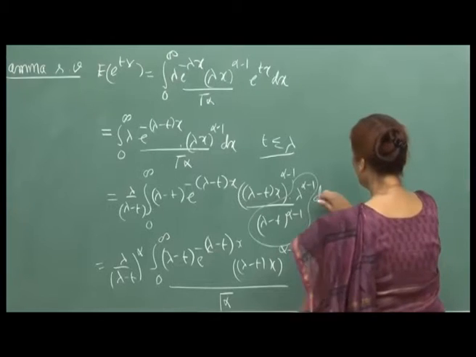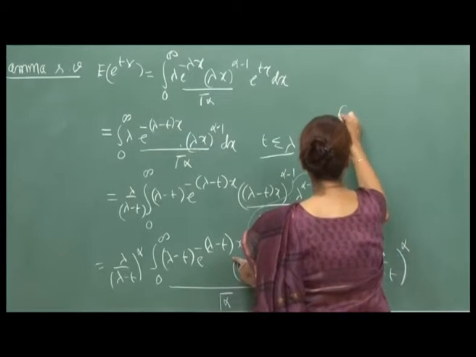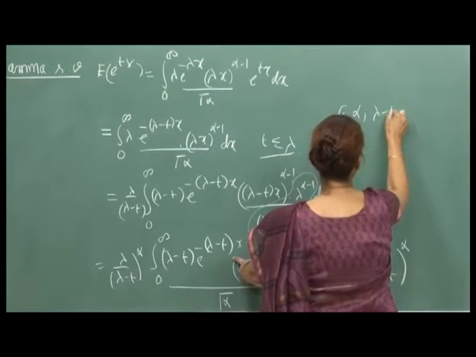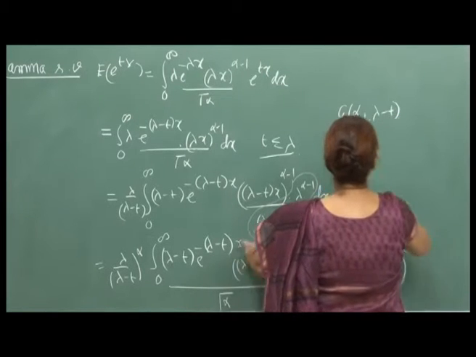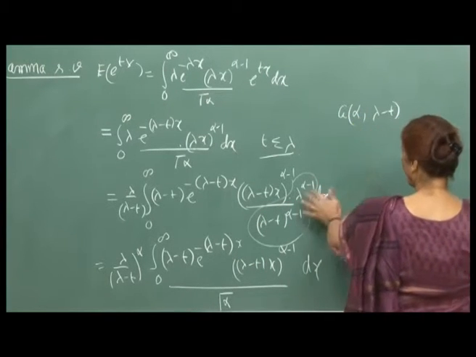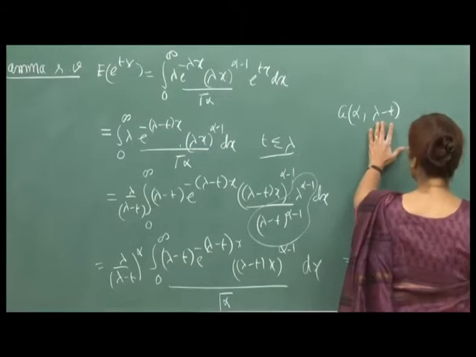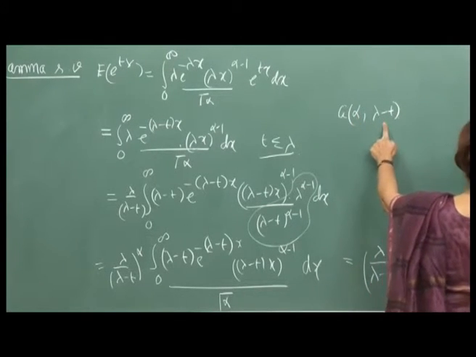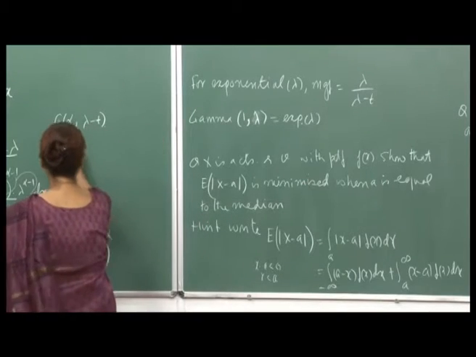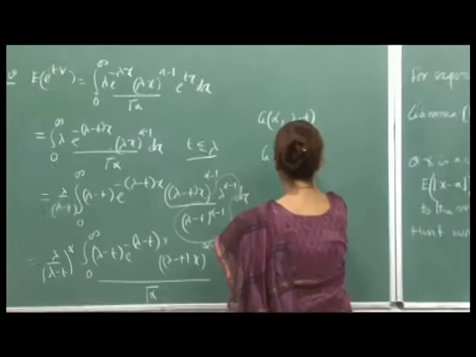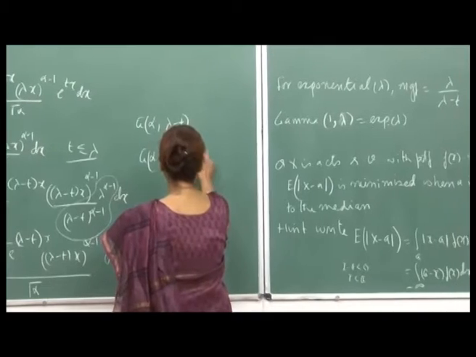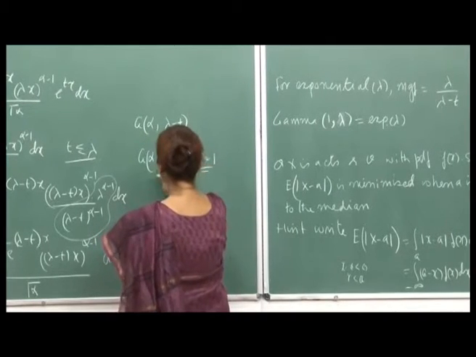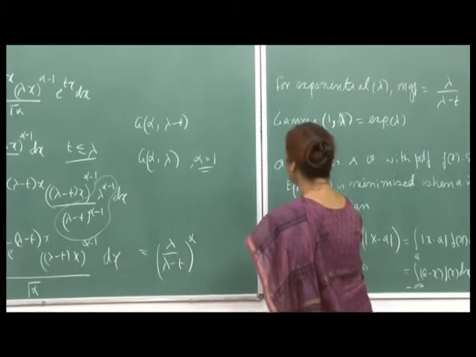So, alpha is the first parameter, and I want to say that this is gamma alpha and lambda minus t, sorry. Please note the alpha comes out to be the first parameter, this is the second. Then your exponential is 1, lambda. If you are looking at gamma alpha, lambda, then for alpha equal to 1, this becomes exponential lambda.